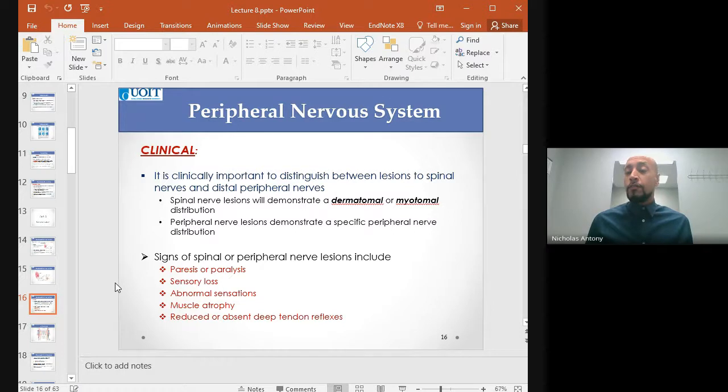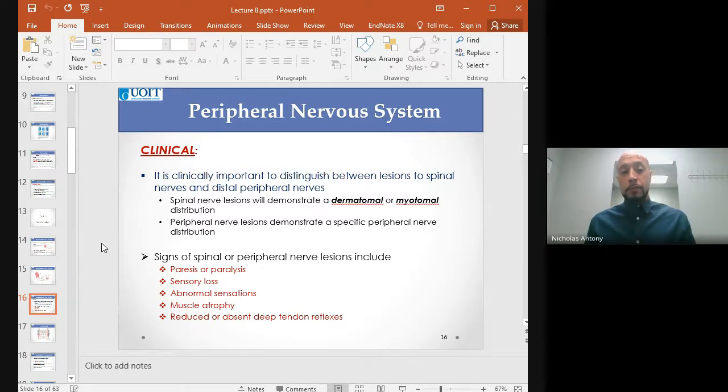You have specific peripheral nerves that are associated with each of our muscles. It's important to note which peripheral nerves innervate which muscles, because if we have issues with specific muscles, then we can understand potentially what nerve that's coming from.